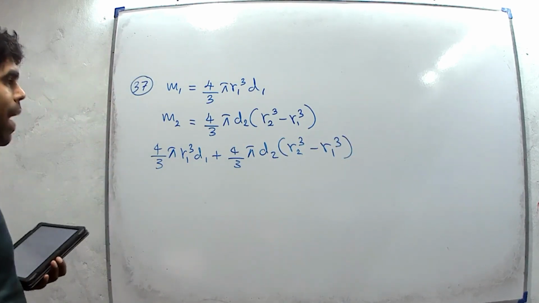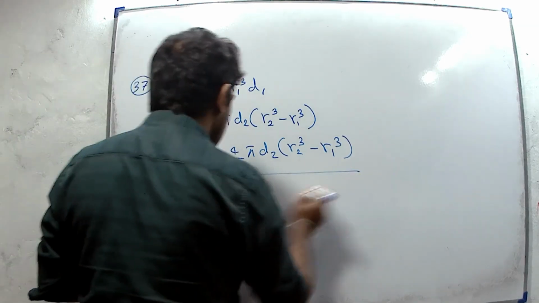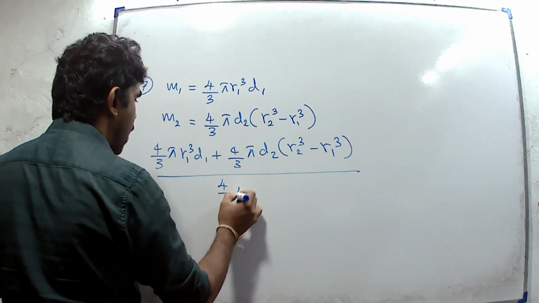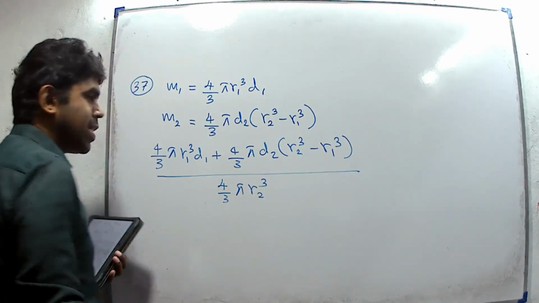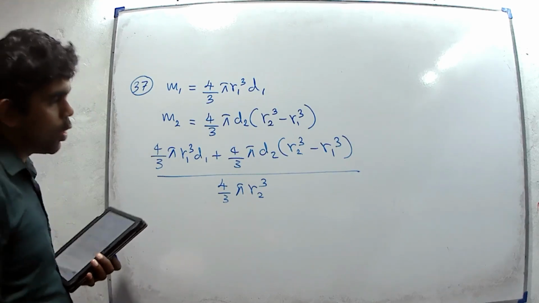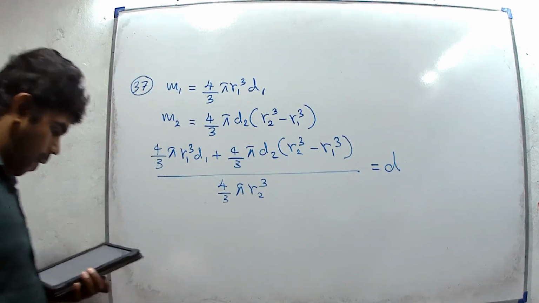This is the total mass, divided by total volume, 4/3 pi R2 cube. It is the density. It should be equal to the density of the given liquid D.